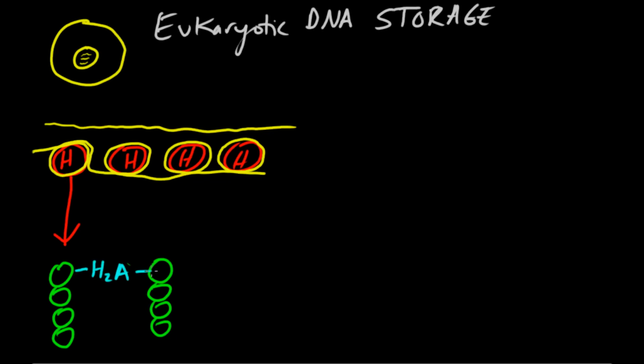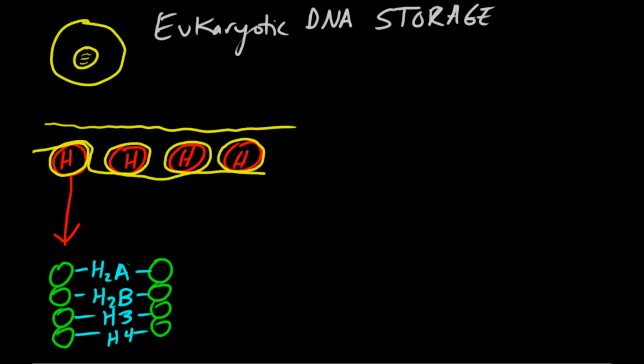So both of these are going to be H2A units. We're going to have 2 H2B units, 2 H3 units, and 2 H4 units. All of these are going to combine into forming one histone unit. So each histone has 2 H2As, 2 H2Bs, 2 H3s, 2 H4s.